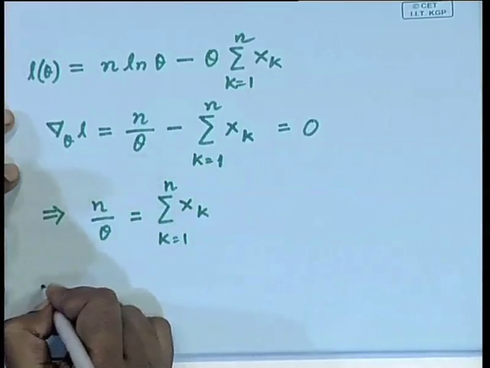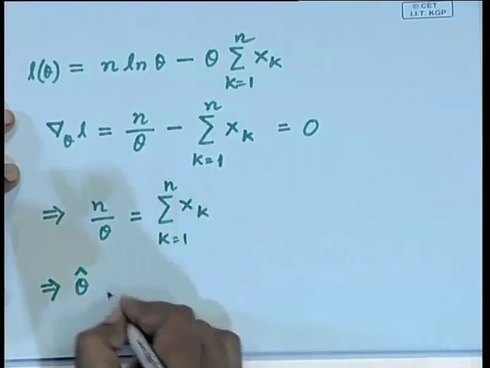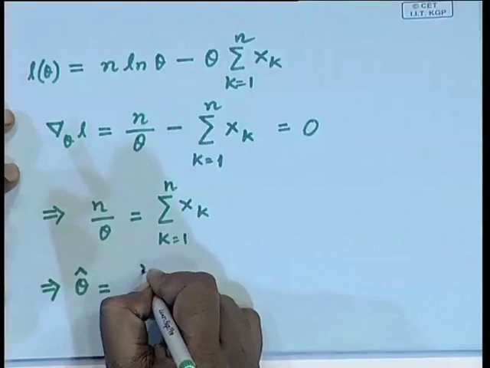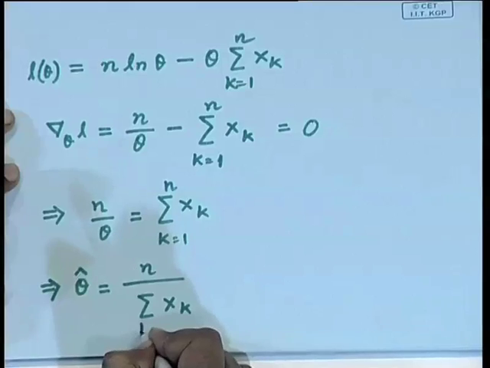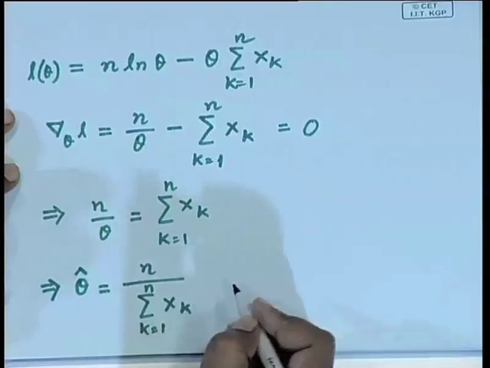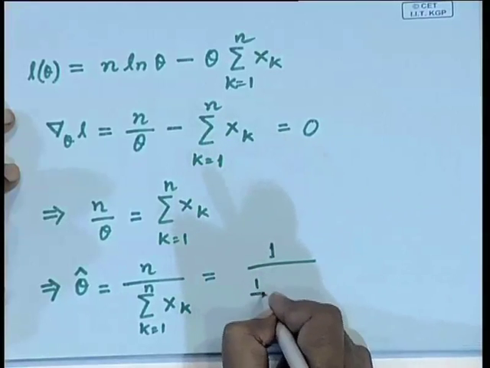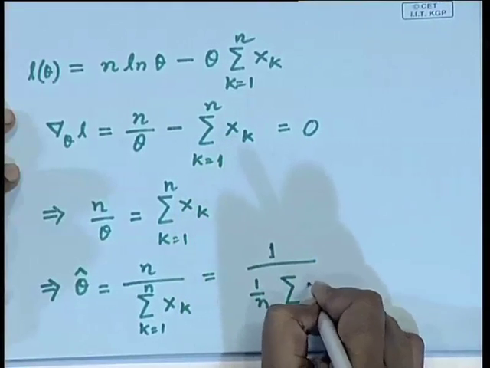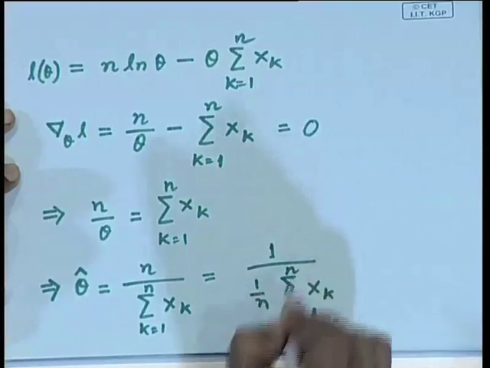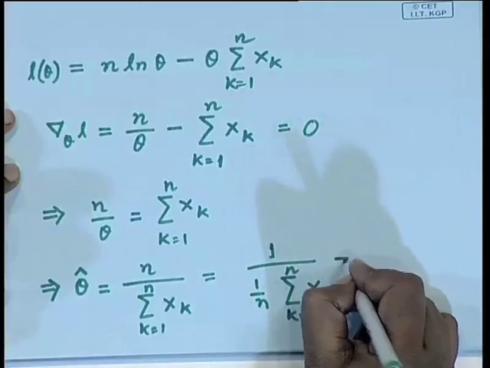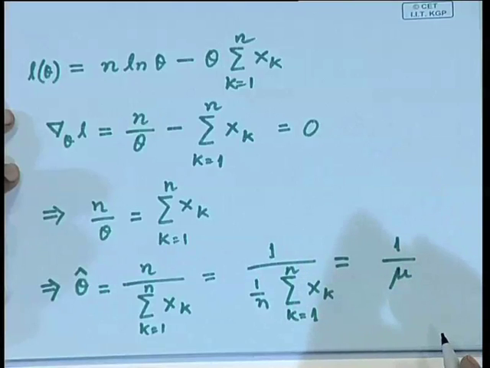So, this simply gives you the maximum likelihood estimate of theta, which is theta hat is nothing but n by sum of x k varying from 1 to n, which is nothing but 1 upon 1 by n sum of x k varying from 1 to n, which is nothing but 1 upon mu, that is the arithmetic mean.